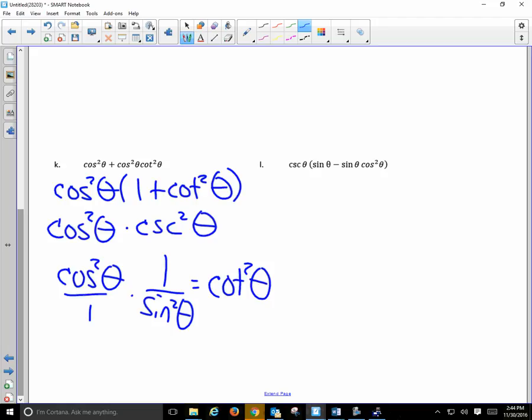We'll do one more together. Letter L. I'm going to distribute the cosecant. What is the relationship between cosecant and sine? What do I get when I multiply reciprocals? So you get 1 minus 1 times cosine squared.